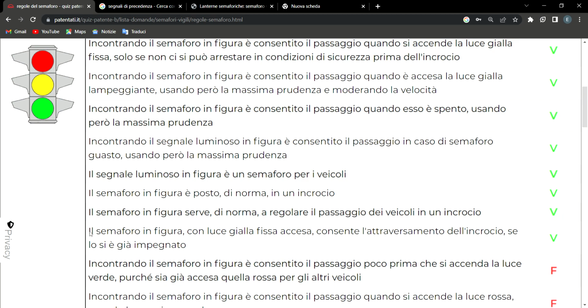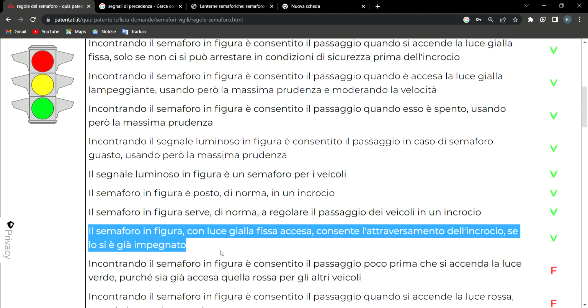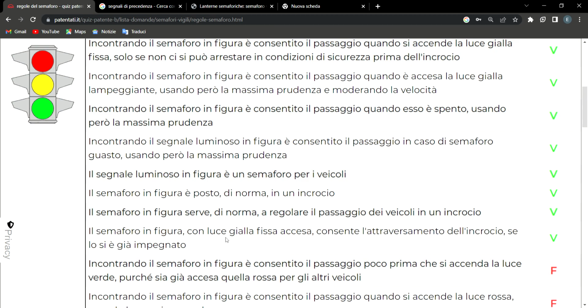So another one again, it says: il semaforo in figura con luce gialla fissa accesa consente l'attraversamento dell'incrocio se lo si è già impegnato. It is simply saying that the yellow light permits the transit of vehicles in a junction only if you are already in the junction.